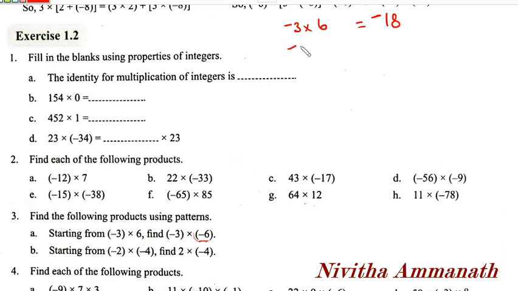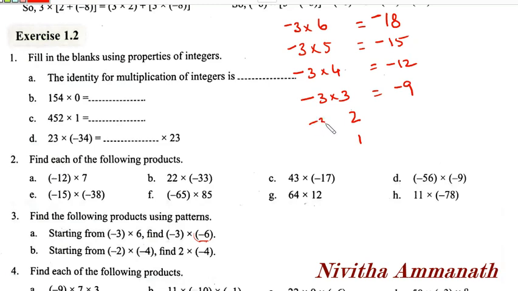Then next one is minus 3 into 5, which is minus 15. Now minus 3 into 4, that is minus 12. Minus 3 into 3, that is minus 9. This is reducing, right? 6, 5, 4, 3. Now next one is 2, then 1. Like that you have to do, and till negative 6 only.